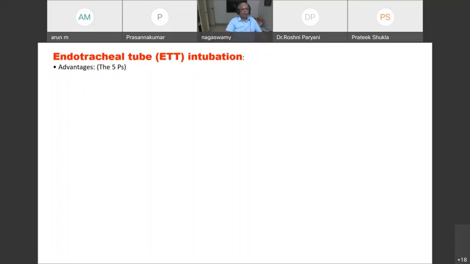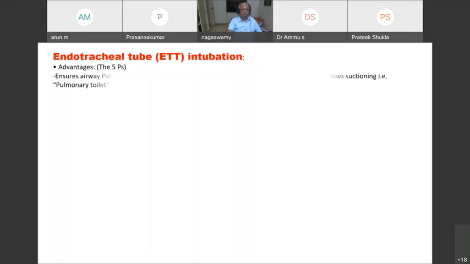Guaranteed oxygenation. Ventilation. You want to ventilate a paralyzed patient or a patient who is not breathing, isn't it? Positive pressure ventilation you are giving. You are preventing aspiration by putting the tube. You are keeping a patent airway. Okay.